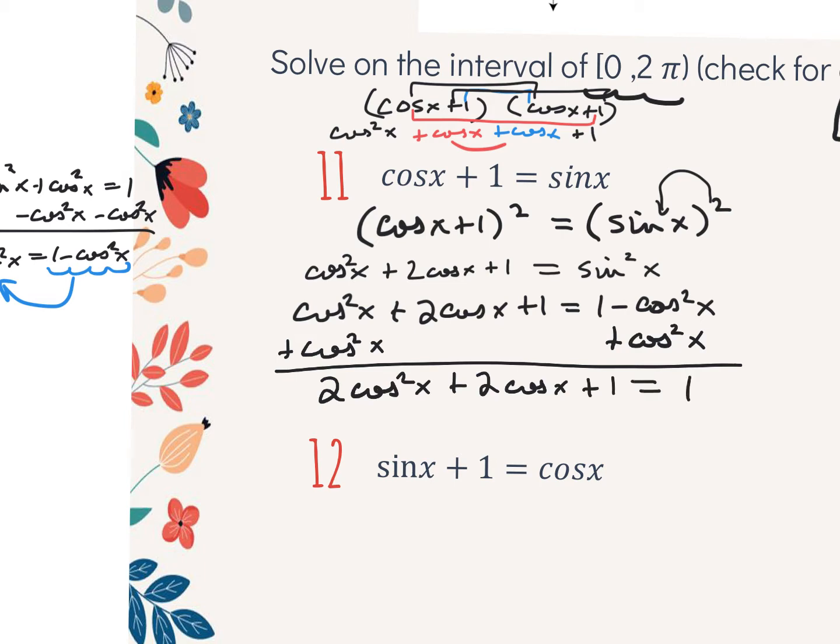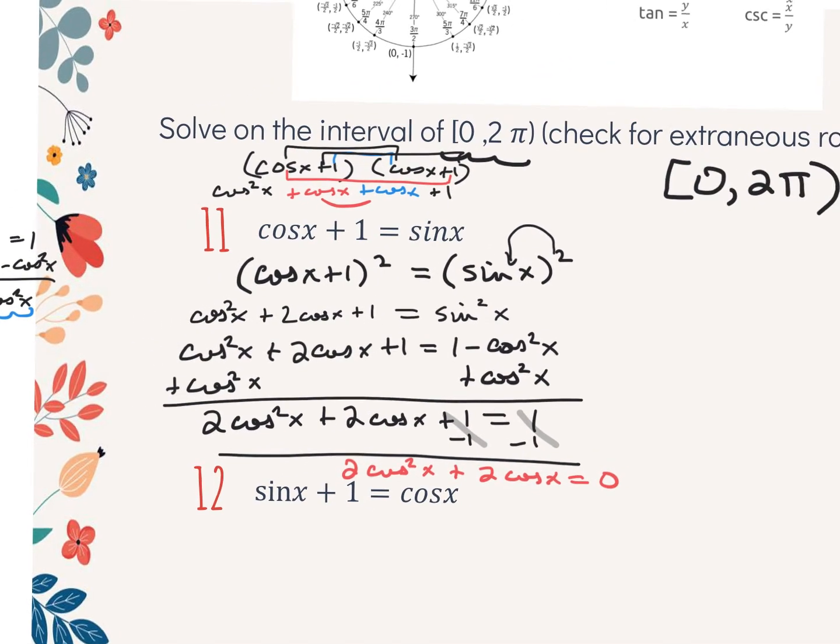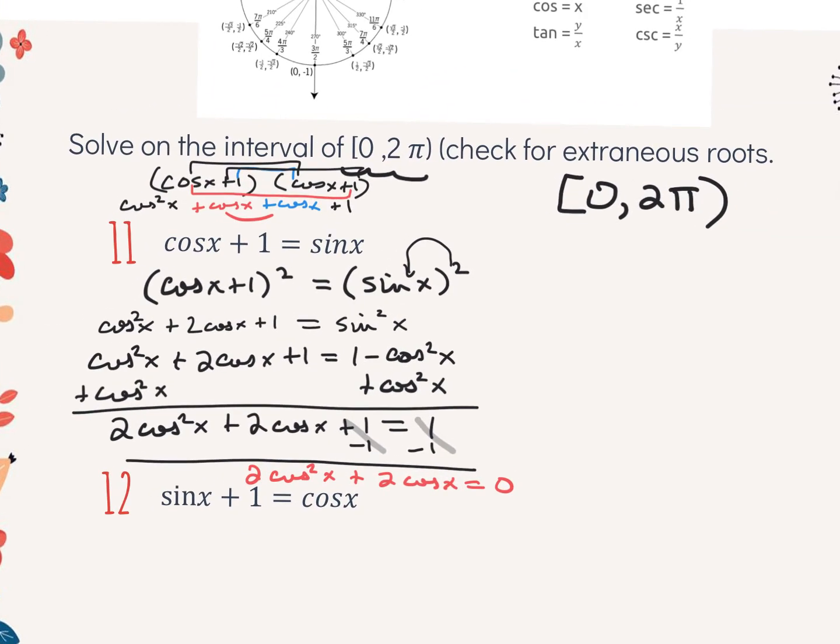Now I need to move the 1. Notice it cancels from both sides. So now I'm left with 2 cosine squared x plus 2 cosine x equals 0. I'm going to move this up to the top, so I'm just going to rewrite it over here so I have more room to work.